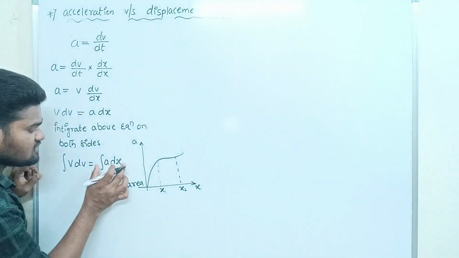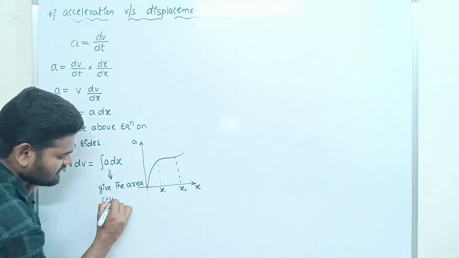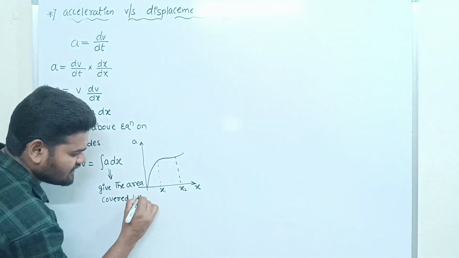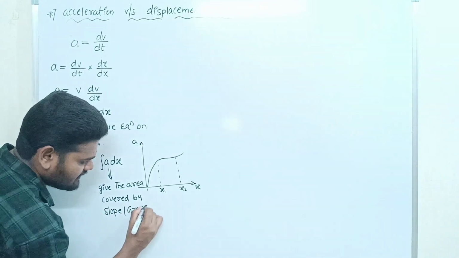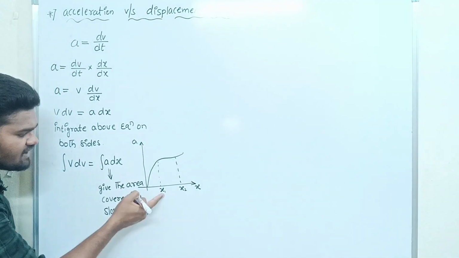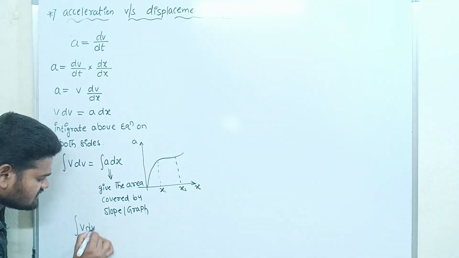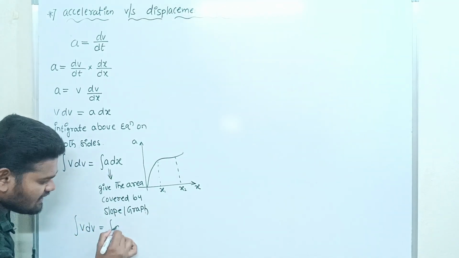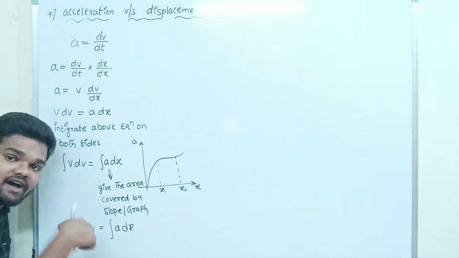If you have watched that video, then now you can understand easily. So this term, integration of a dx, gives what? The area covered by the slope or graph.